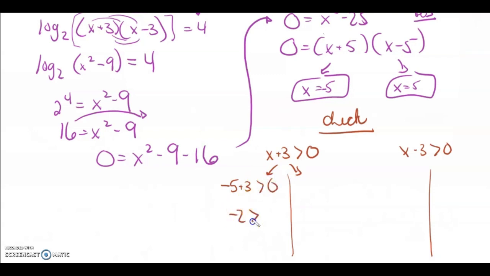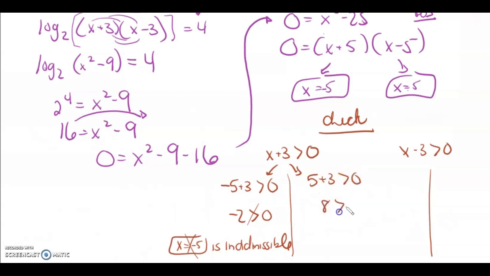Well, negative 2 is not greater than 0, so x equals negative 5 is inadmissible. We can try the other one. 5 plus 3, is that greater than 0? Well, 8 is greater than 0, so that one holds for the first argument.